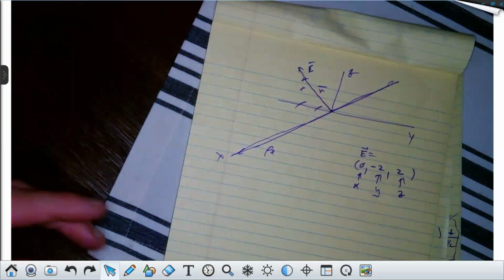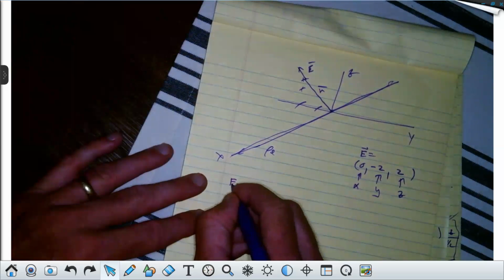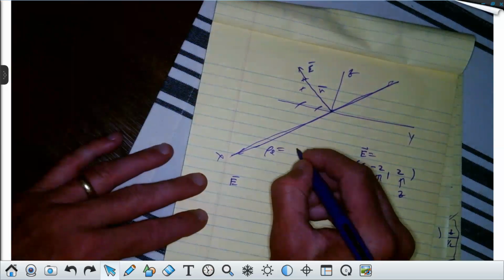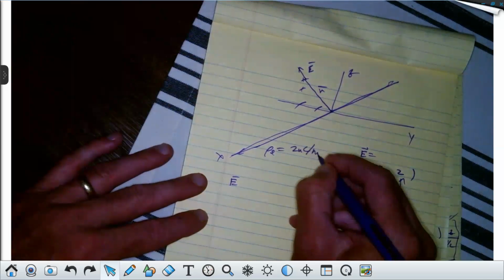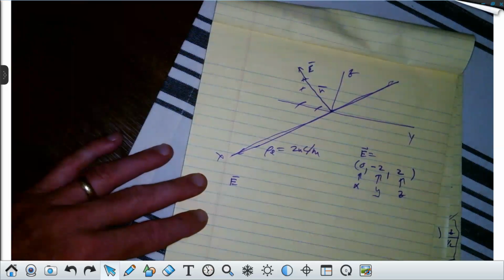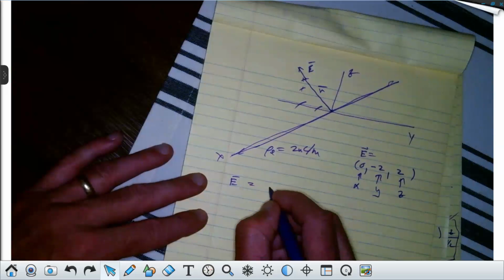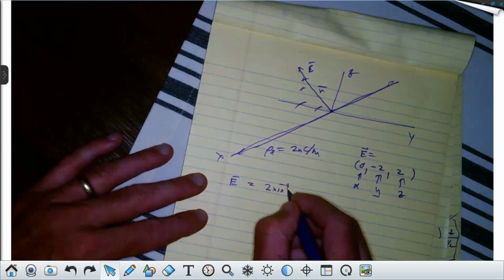What is it? Well, what would the electric field be based on? Make this 2 nanocoulombs per meter as well. I'll give you a real problem with real values. All right, let's just write it out. First thing I put is rho L, so it'd be 2 times 10 to the minus 9th, right?